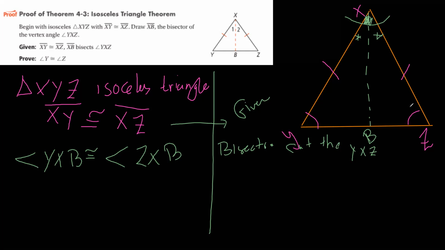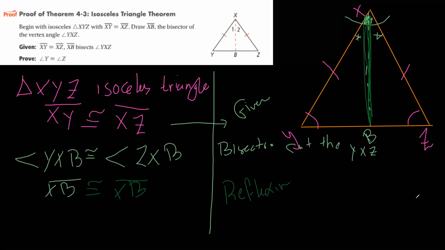XB is congruent to XB because of the reflexive property. Look at this side now. Is it reflexive? Yes. So XB is congruent with XB because of the reflexive property.